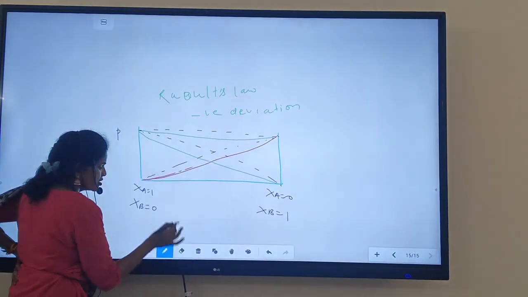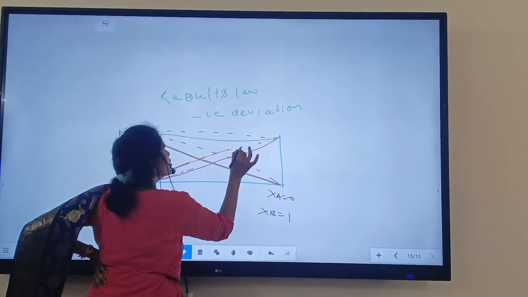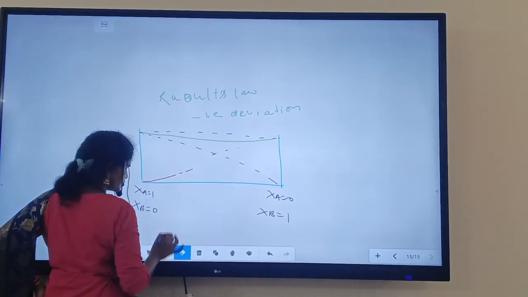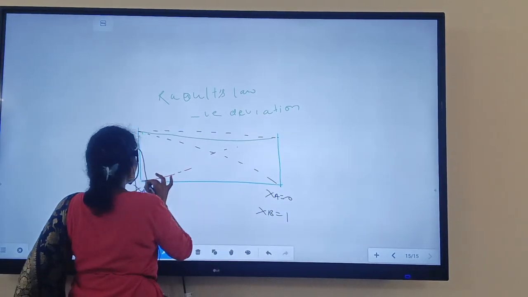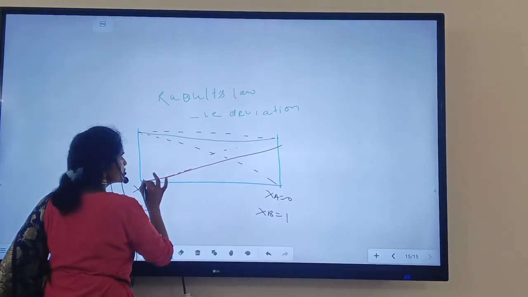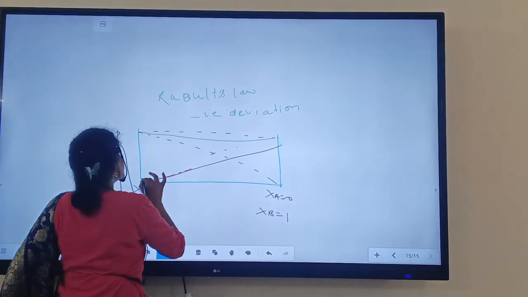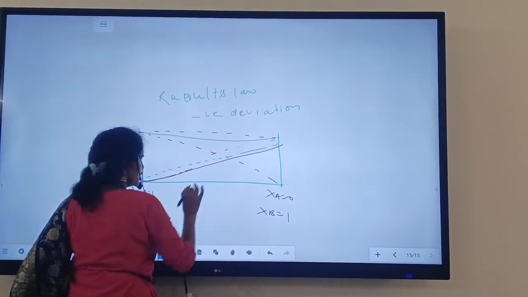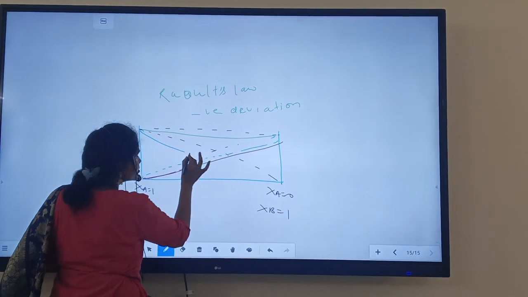If you look simple, we'll draw the graph of the ideal one. It's normal. Okay. Next, what is the graph of this?